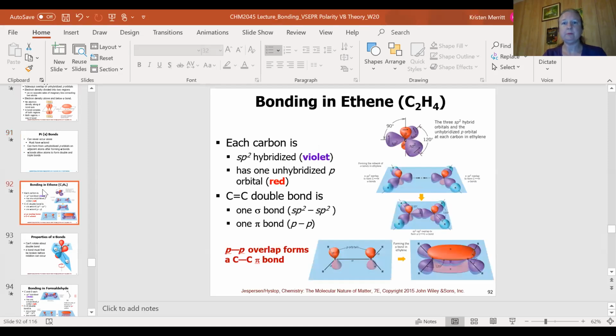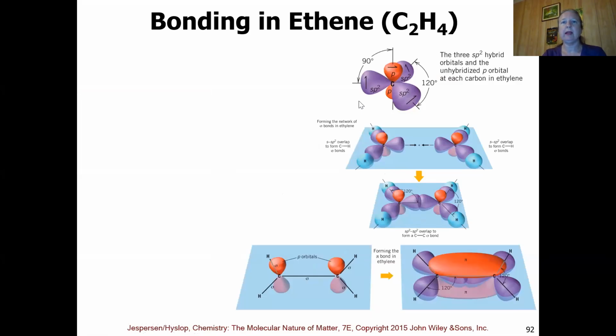So here is an example. Let me enlarge this. I have ethene, C2H4. So I'm going to go to the whiteboard. Why don't you draw this?